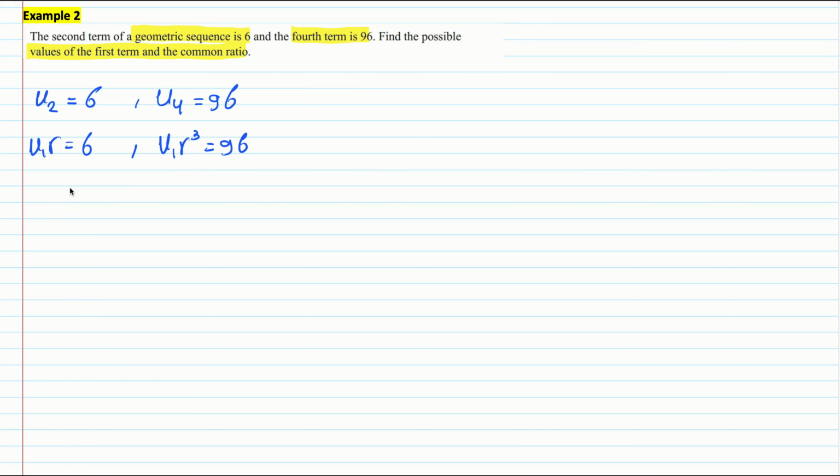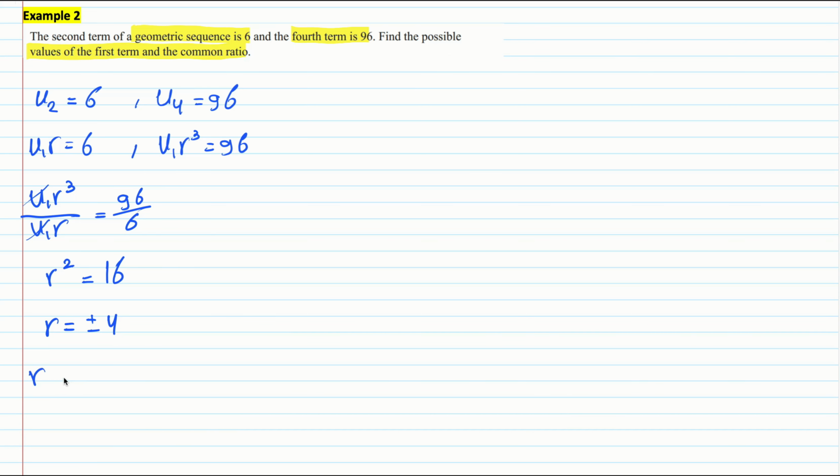You may divide U4 by U2, so it's going to be U1 R power 3 over U1 R equals 96 over 6. U1 cancels with U1, R power 3 over R is R power 2, equals 96 divided by 6 is 16. Taking the square root of both sides, R equals positive or negative 4.